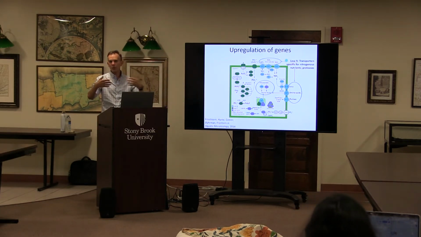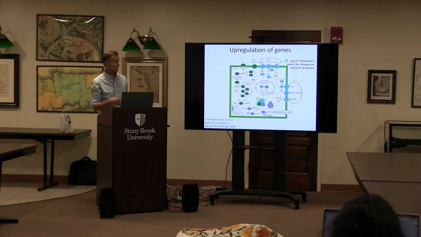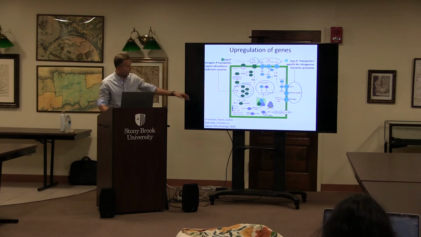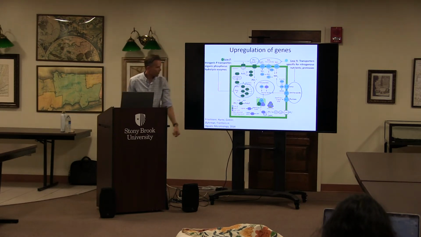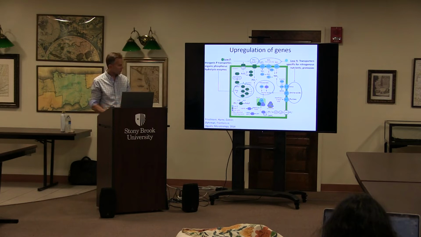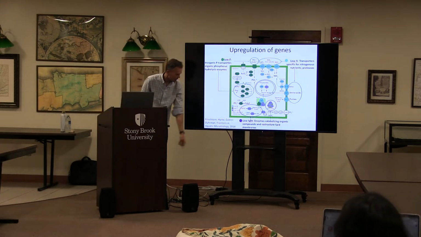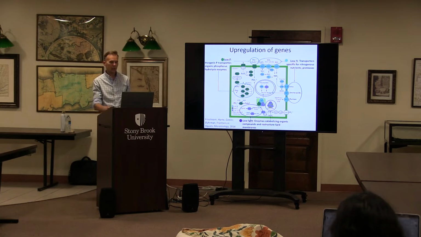So nutrients being brought in and out of the cell. And so we saw specific transporters turn on under low nitrogen conditions. We saw certain intracellular activities being turned on to break down organic phosphorus under low phosphorus conditions. And then we saw specifically some rearranging of lipids internally under low light conditions.